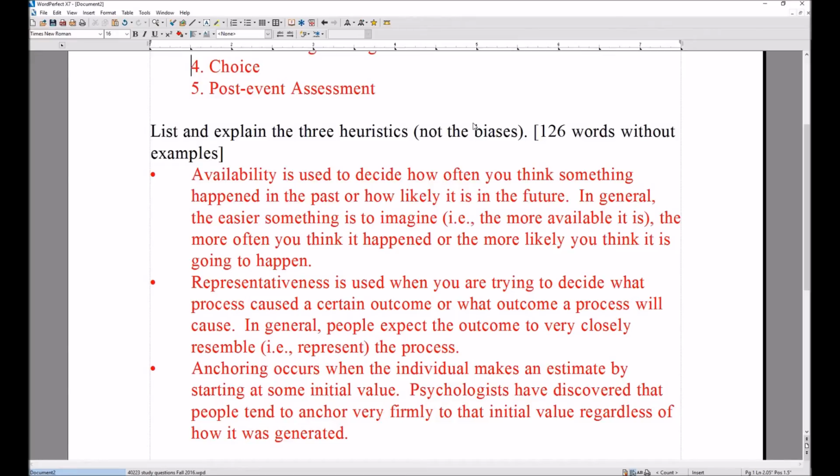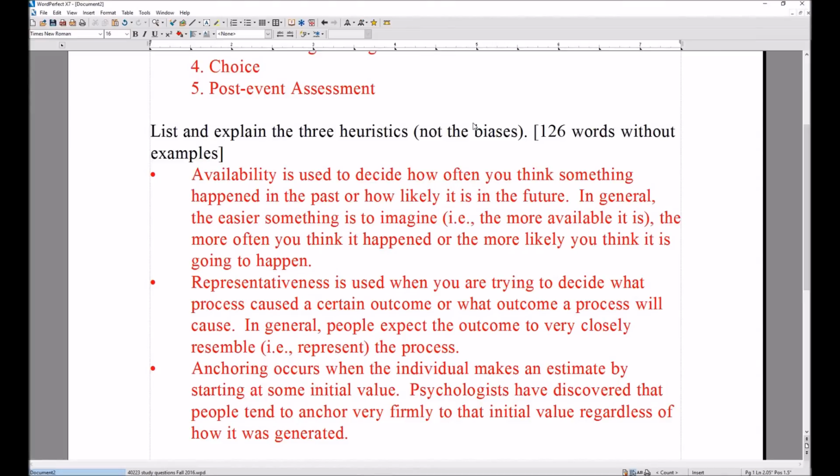Obviously, 60-40 is very possible. Or let's just do 10 tosses. 6-4, is that possible? Oh my Lord, yes. But people underestimate how likely that is to happen. They expect the outcome to too closely represent the process. In general, a good rule, but people tend to too closely expect the process to match the outcome.